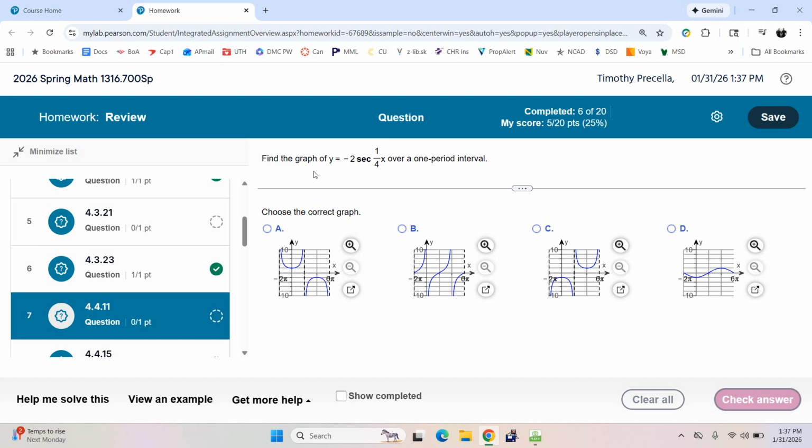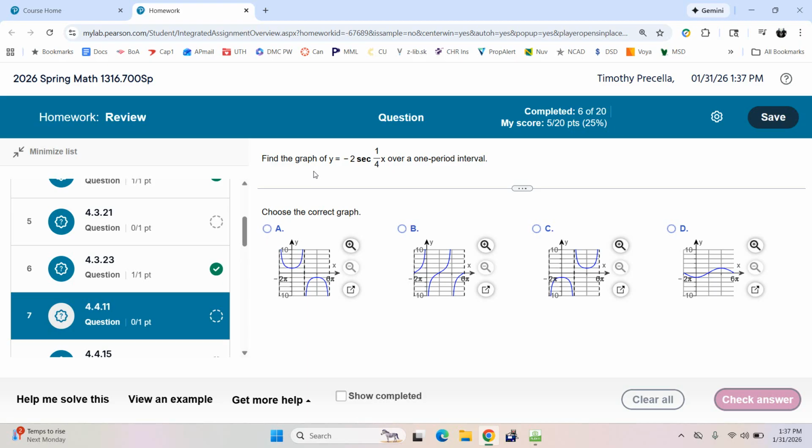And so, let's do the amplitude. Amplitude is the absolute value of -2. So instead of bouncing between 1 and -1, it's going to be bouncing between 2 and -2.